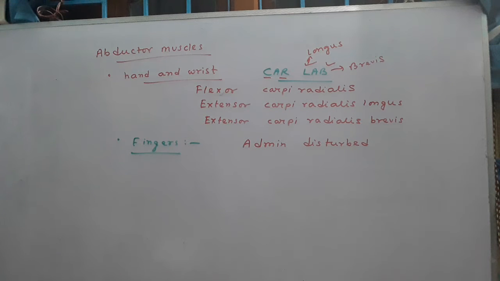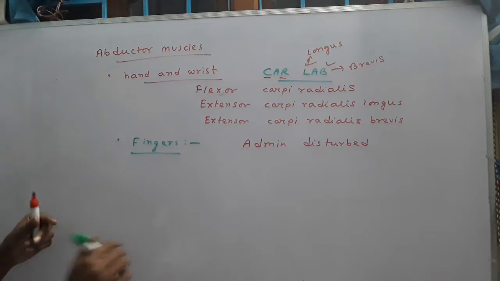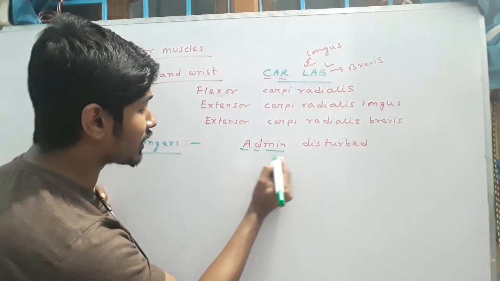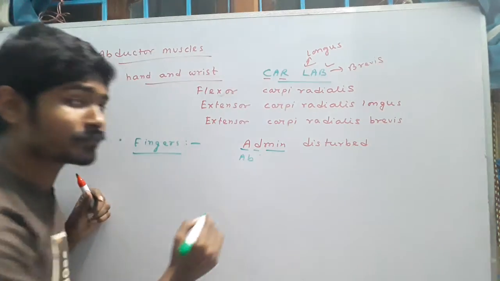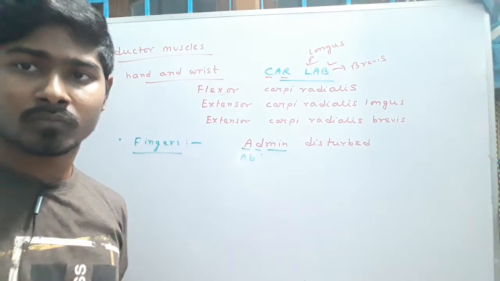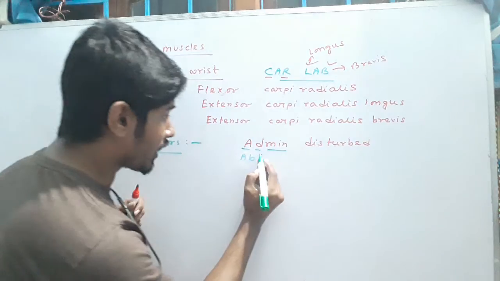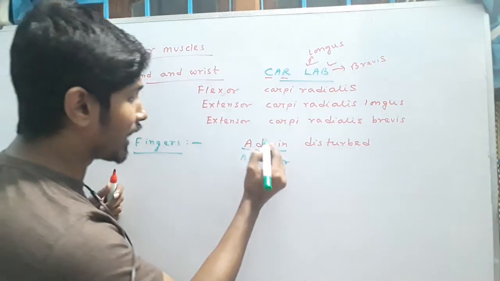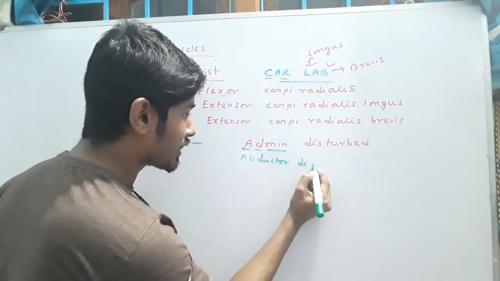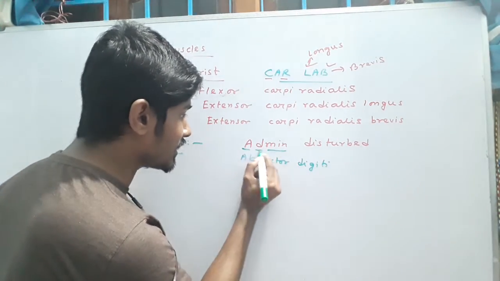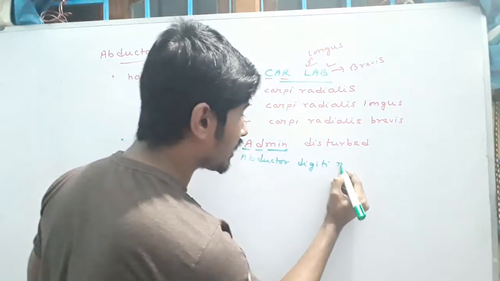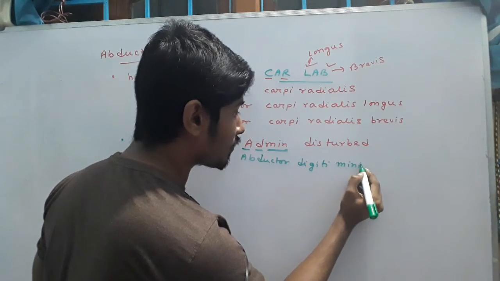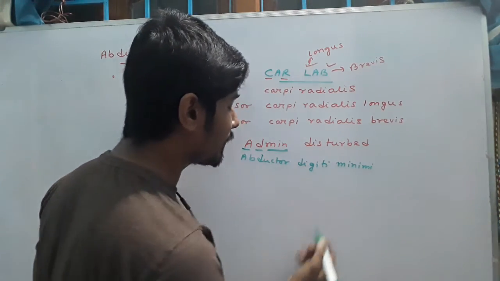Admin means A and D, that is abductor digiti minimi, okay? A, D and MIN. So abductor digiti minimi, okay? So as it is an abductor muscle, and it is digiti, D, and MIN, minimi.